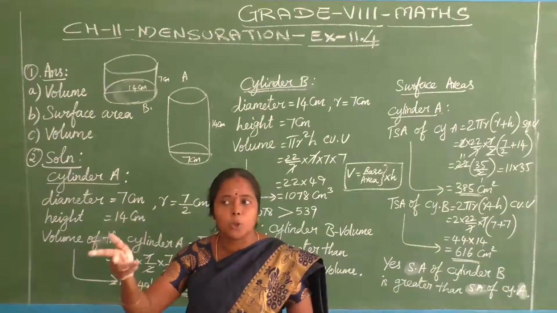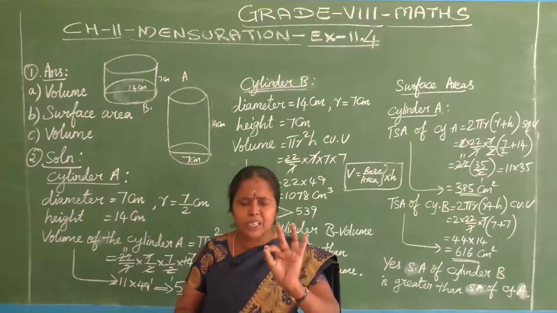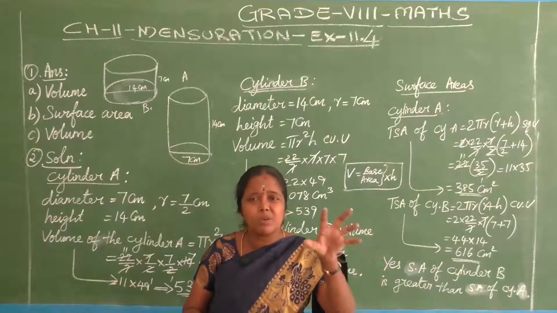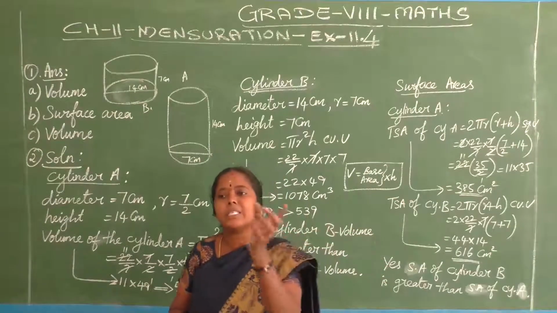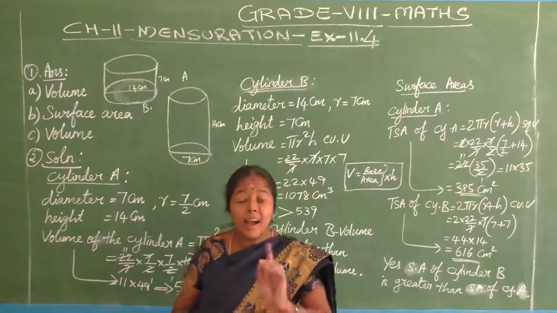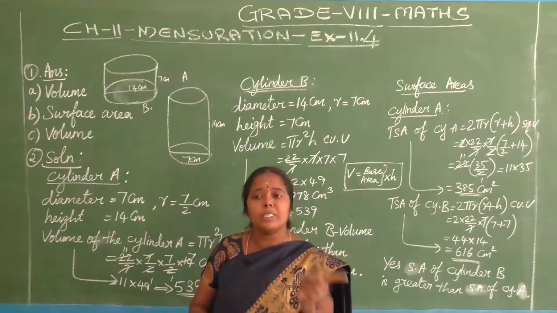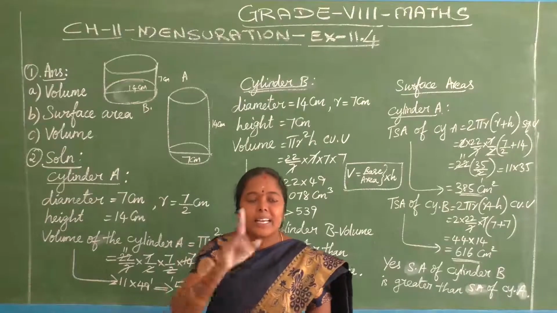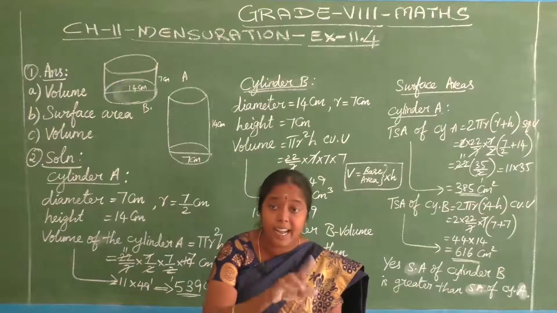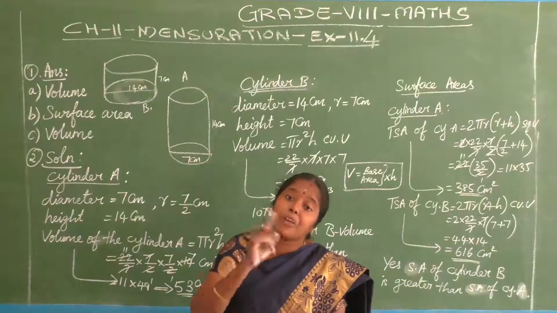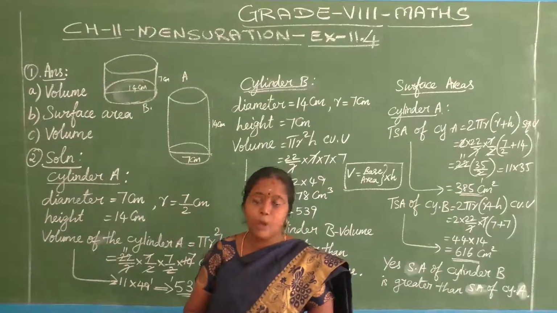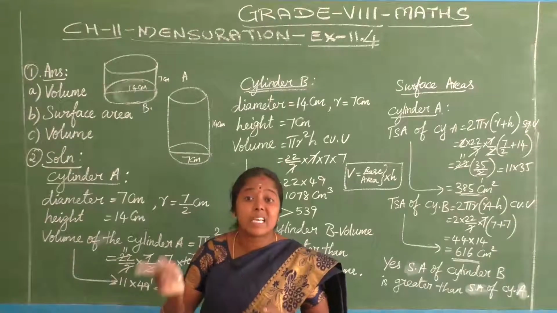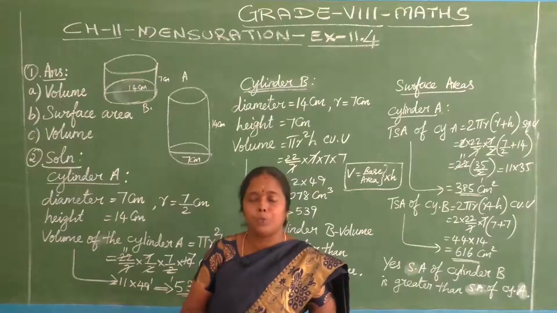Suppose the first cylinder's volume is greater than the second cylinder's, or the second's is greater than the first's, check whether the greater volume cylinder has greater surface area or not. So in the third part of the question, we have to find the surface areas also.